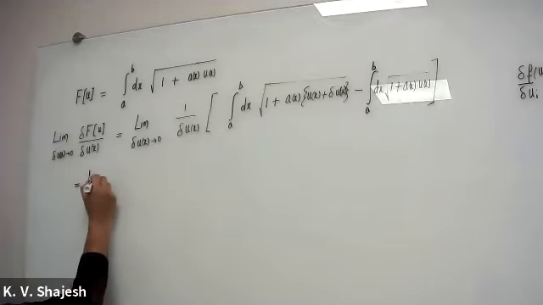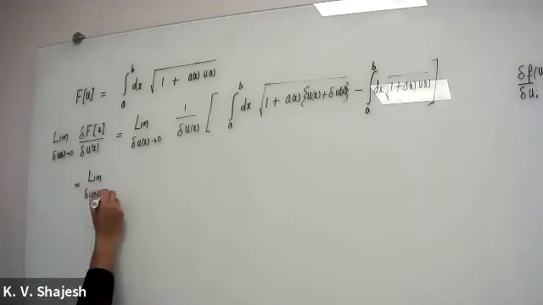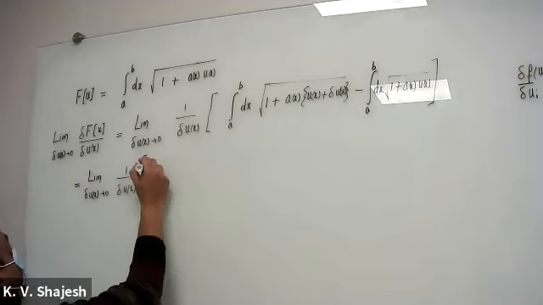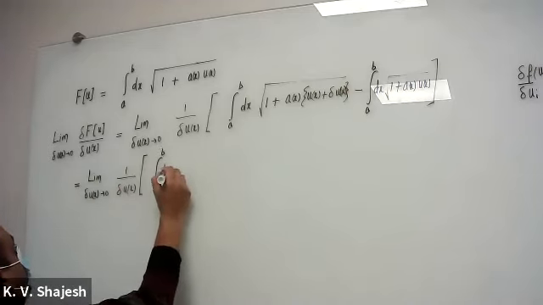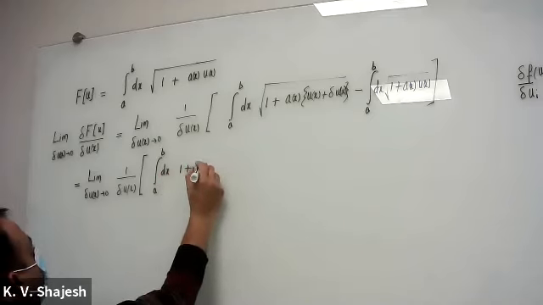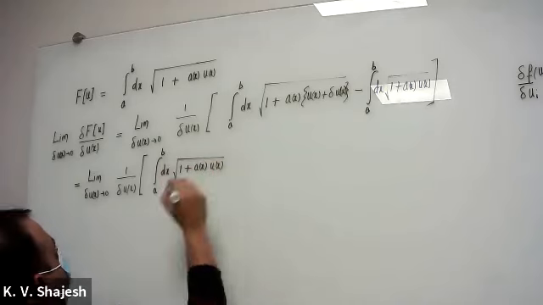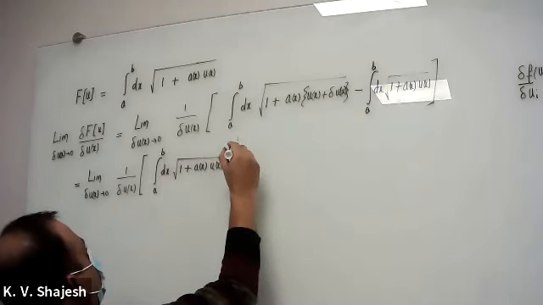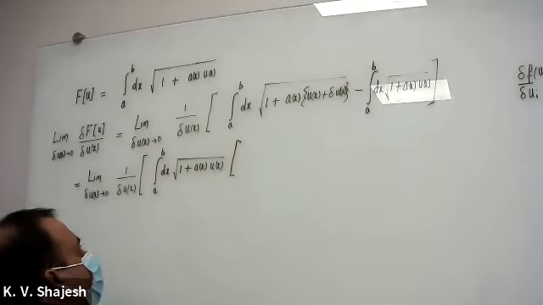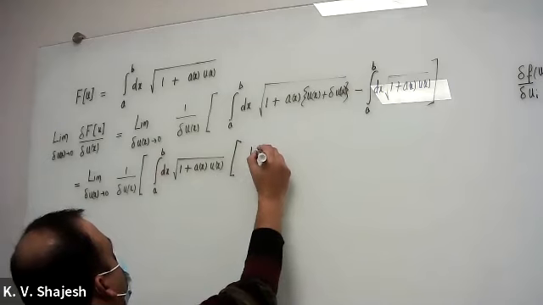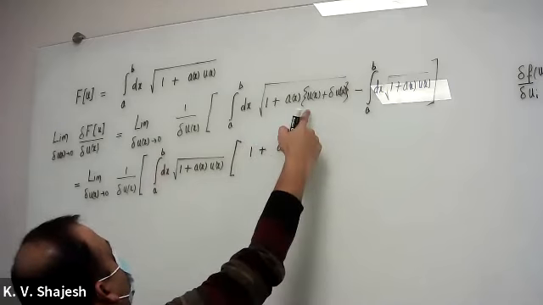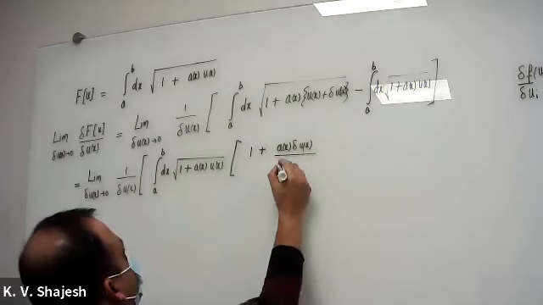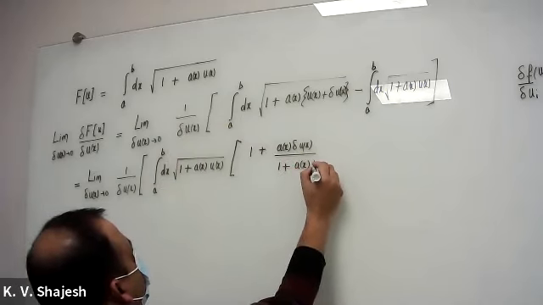This is equal to limit delta u of x going to 0, 1 over delta u of x. Let me go a little quicker, since we have only 5 minutes. So this is a to b dx. I have 1 plus a of x times u of x. I take that common outside, and whatever is remaining is 1 plus a of x times delta u of x, but I already took this whole thing common outside, so this is divided by 1 plus a of x u of x.